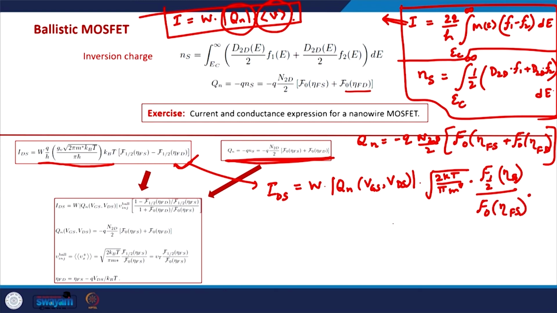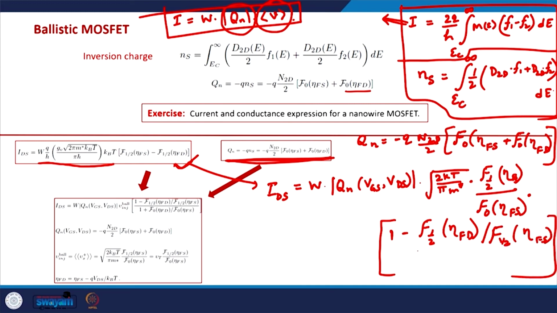times, this factor comes into play now, 1 minus the Fermi-Dirac integral of order half at eta Fd divided by the Fermi-Dirac integral of order half at eta Fs, divided by 1 plus the Fermi-Dirac integral of order 0 at eta Fd divided by the Fermi-Dirac integral of order 0 at eta Fs.